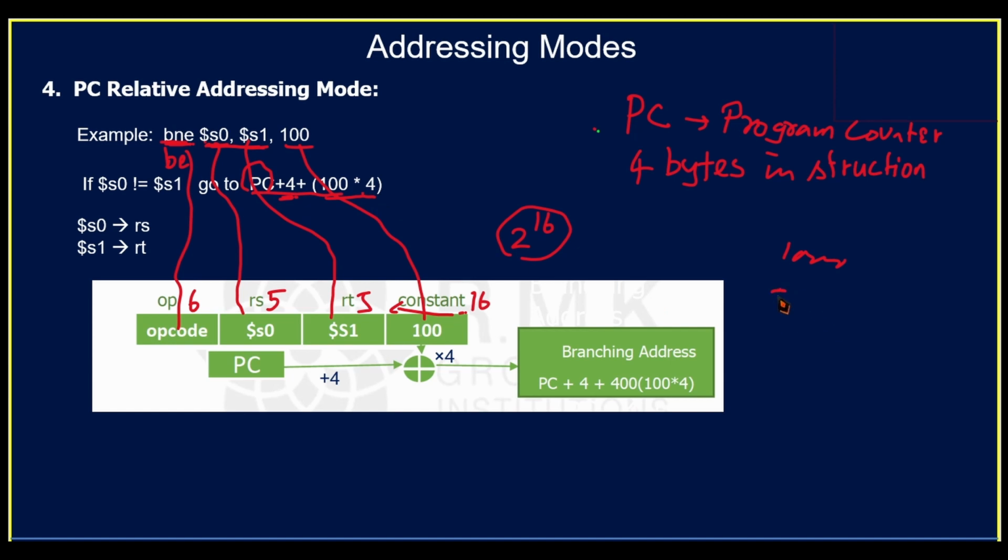If PC is 10,000, then with respect to this value, this will be added and it will go to that location. So relative to the PC value, the execution proceeds. Where the next execution should go depends on the current value of the PC. So that is why it is called relative addressing mode.